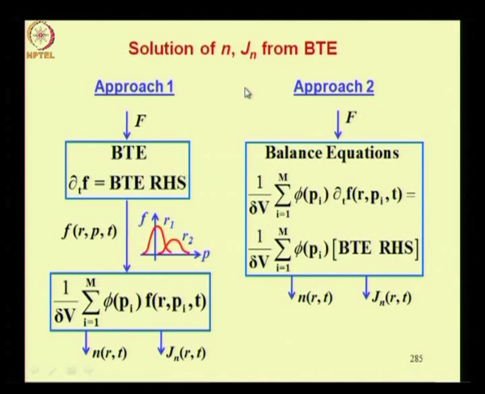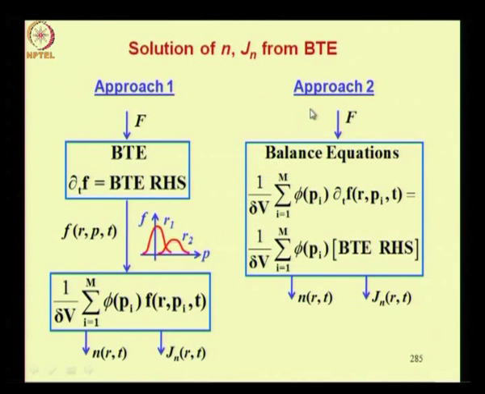Now, to derive the current density and carrier concentration from BTE, we discussed two approaches. One approach, you solve the BTE and get the distribution function, then use these formulae to get the carrier concentration and current density.